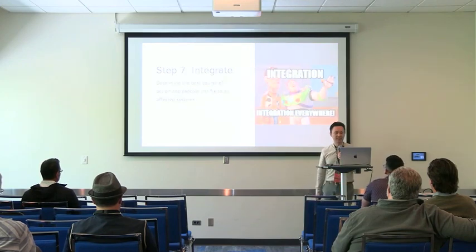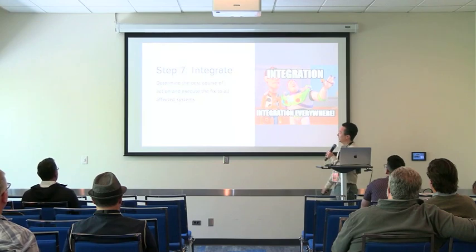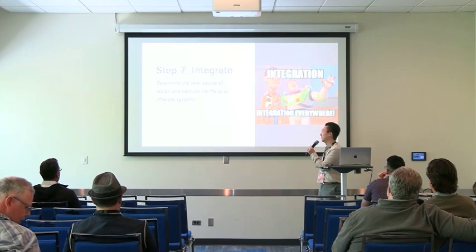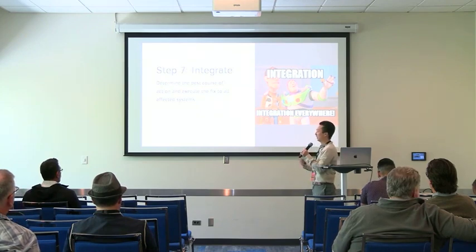Step 7, integrate. This is to determine the best course of action and execute the fix to all affected systems. Usually, depending on what the validation stage was like, if it's a bigger scale, luckily for us it wasn't.